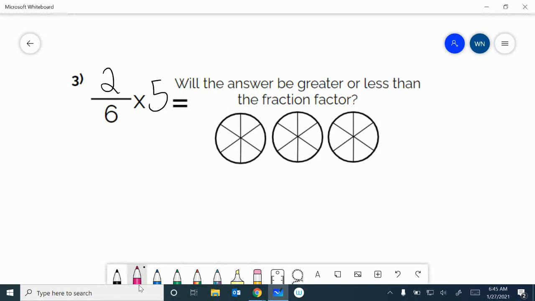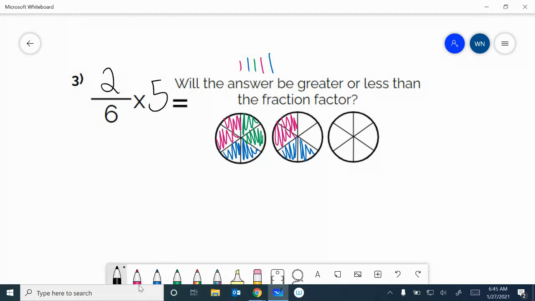For this one, let's color in 2/6. It's already divided into sixths. So we've got 1/6, 2/6, 1/6, 2/6, 1/6, 2/6. So that's 3 times. 1/6, 2/6, that's 4. 1/6, 2/6, that's 5.